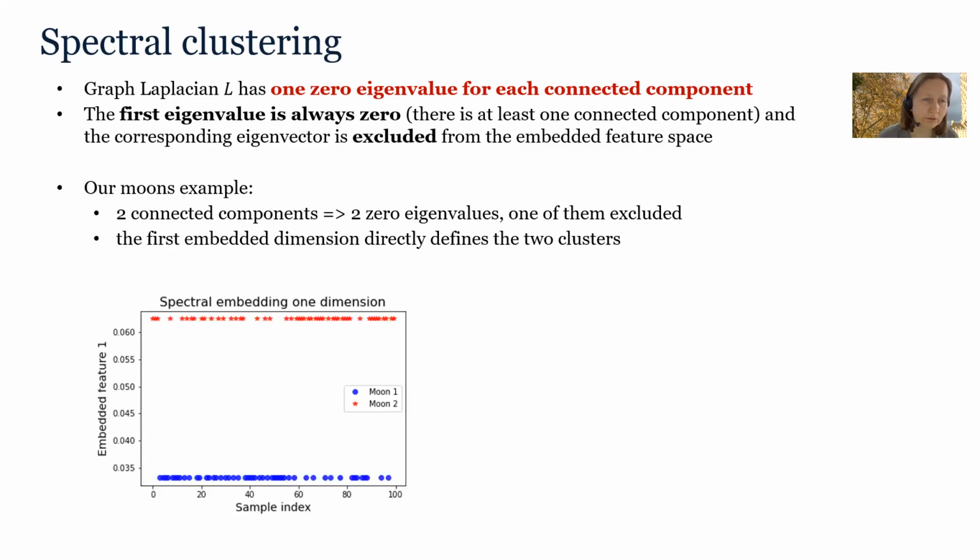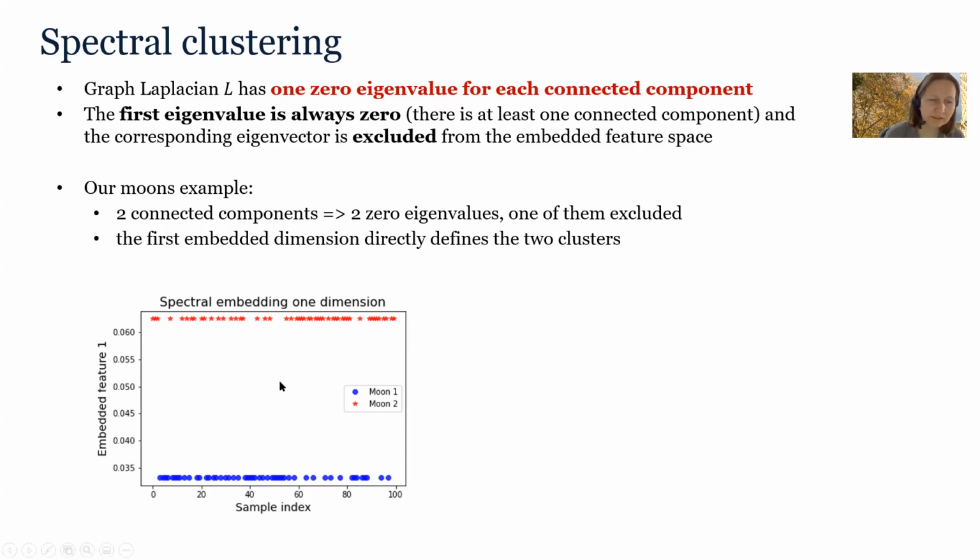So if we look at our moons example, we obviously have two connected components, so there will be two zero eigenvalues of the graph Laplacian, and one of them will be excluded. So the first embedded dimension will also correspond to a zero eigenvalue.